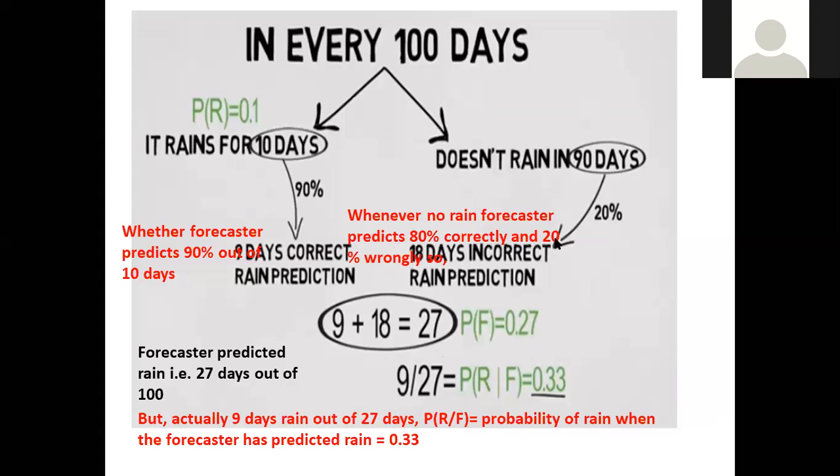So 20% wrong means 18 days of incorrect rain prediction, that is, 18 days are predicted as rainy days by the weather forecaster.